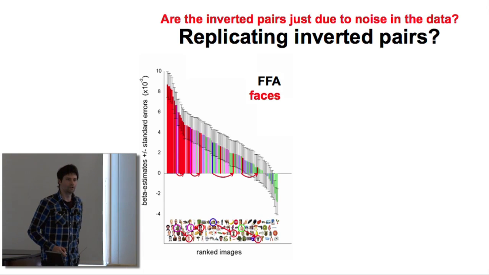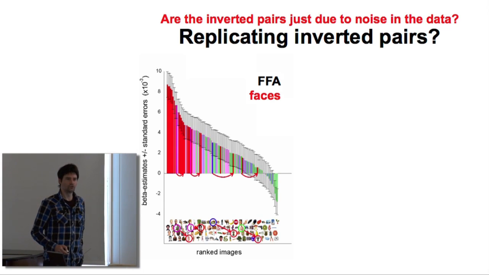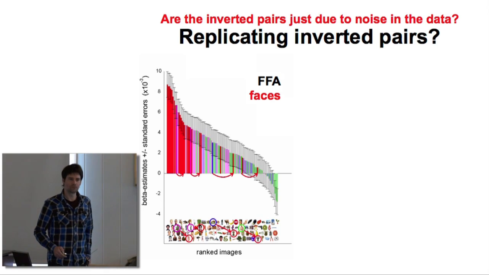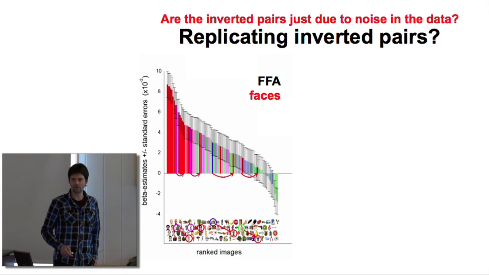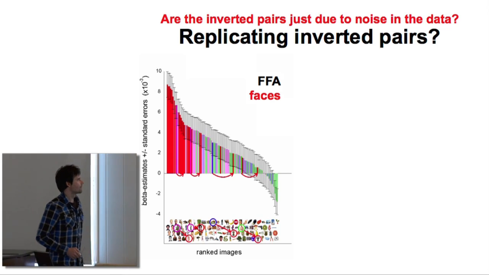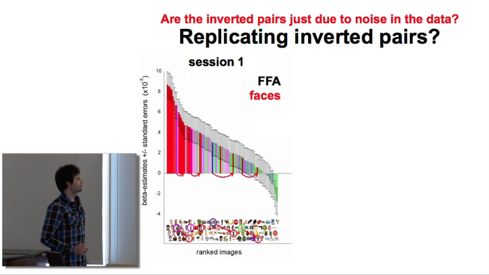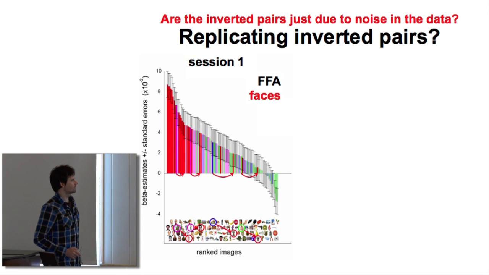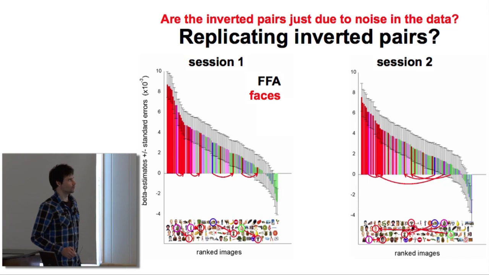Because that would indicate that it's not due to noise, but that there are actual examples of non-faces that drive FFA more strongly than some faces. We can address this by taking the ordering from session 1, then determining these inverted pairs, and then looking at what happens to these inverted pairs in session 2.